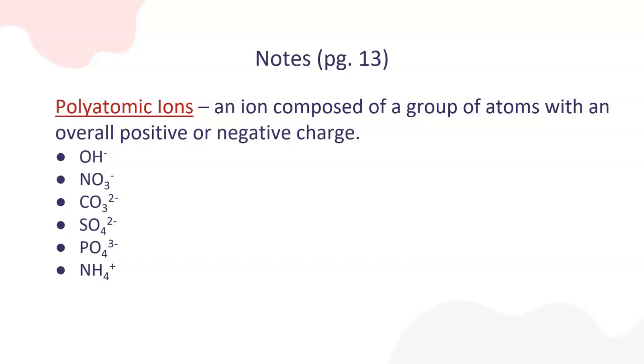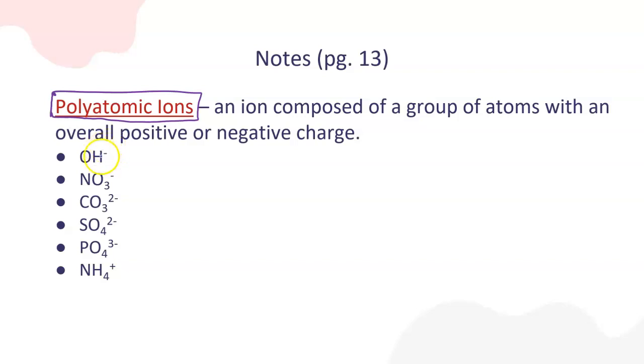So on the back of your periodic table, we are going to list these out. You will want to write down that these are the polyatomic ions on the back of your periodic table. And then we are going to write these in. You will also put them in your notes on page 13.